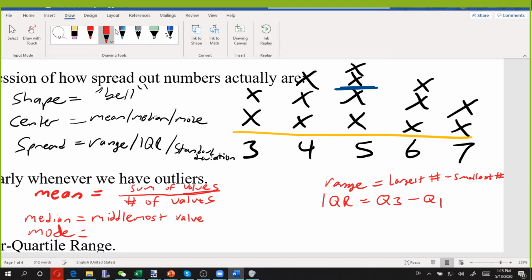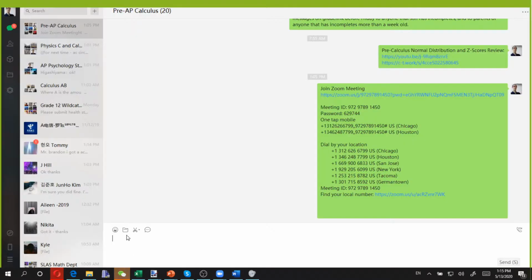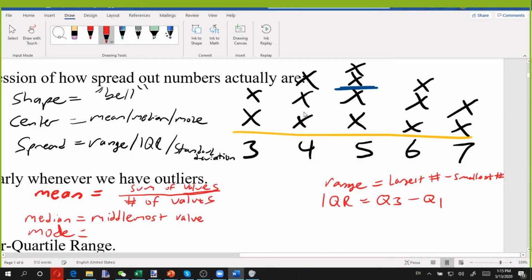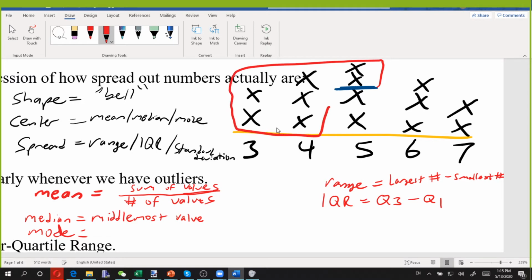Is it the median of the first half? Yes. Median of the first half. Okay, so here's my first half of our data set. And we'll take the median the same way we did last time. So taking one from the bottom and one from the top until we get to the middle, which is here, is Q1 at 4.